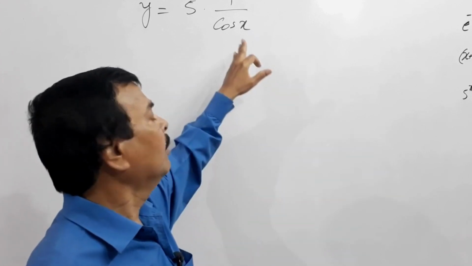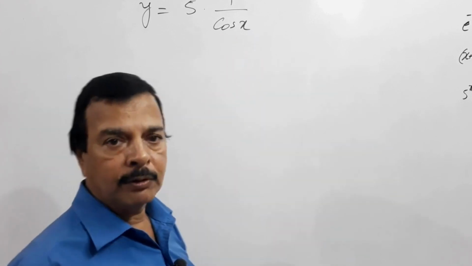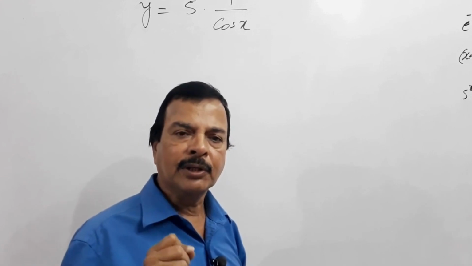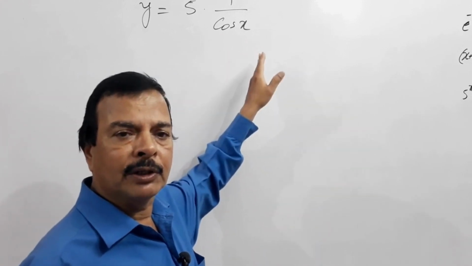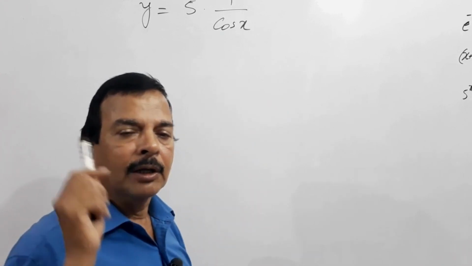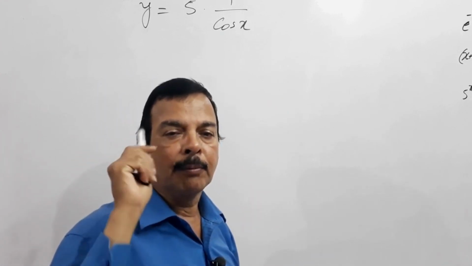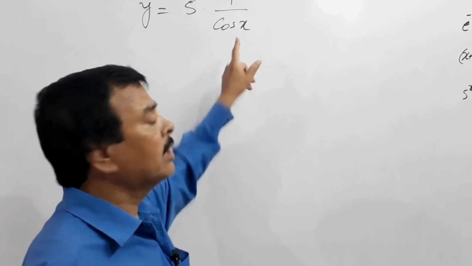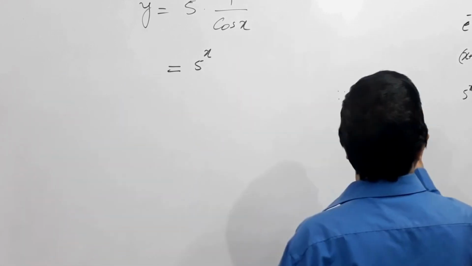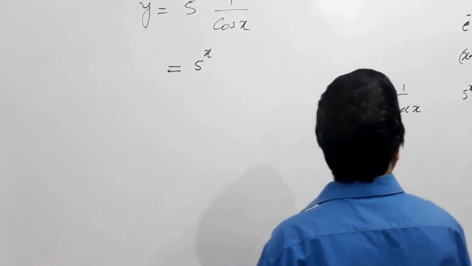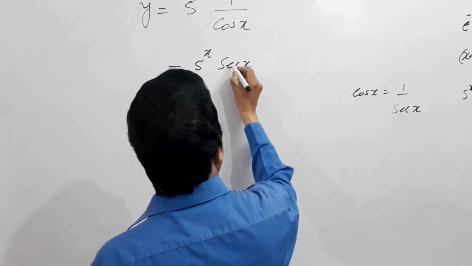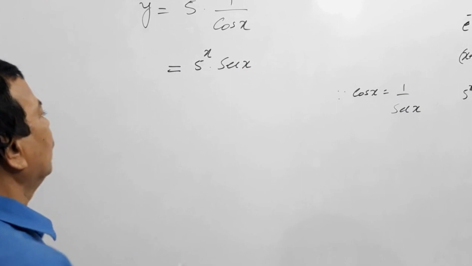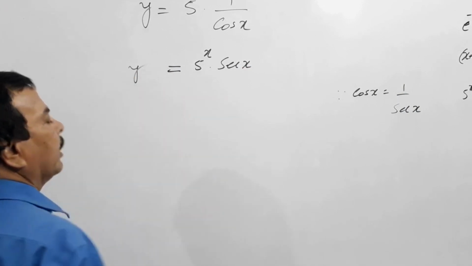We don't know what d by dx of 1 by cos x is. In the examination, without thinking, you may wonder how to differentiate this, but it's very simple if you use your mind. See, what is the reciprocal of cos x? It is secant x. So this is 5 to the power of x into secant x. So now this is our y.